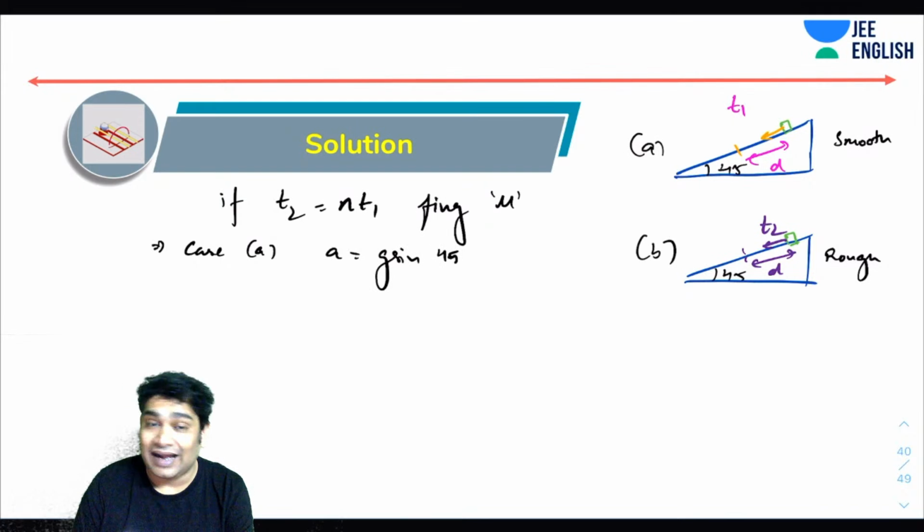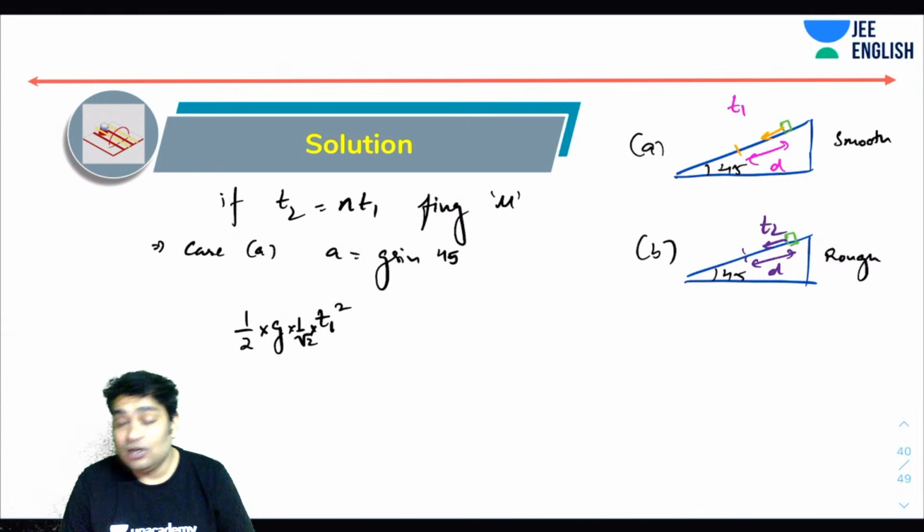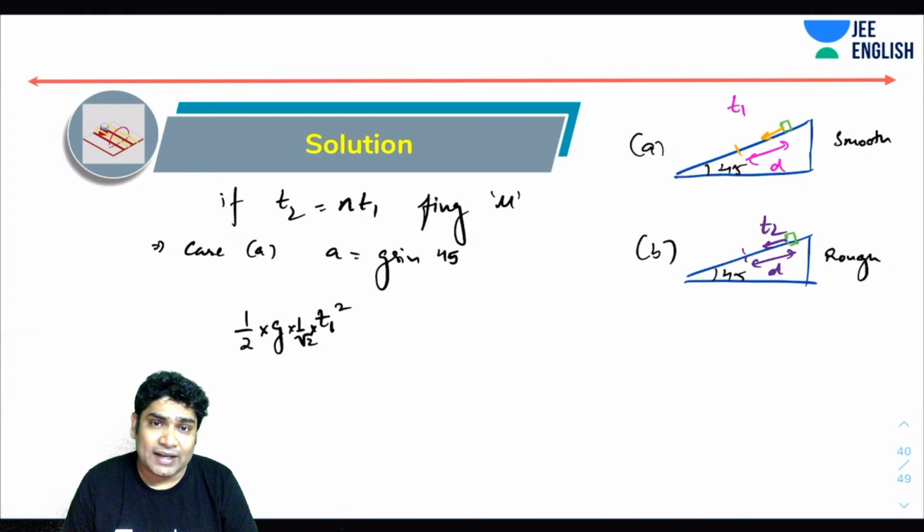So in traveling a distance d, in time t1, d equals half into g into 1 by root 2 into t1 square. That is g sine 45, the acceleration, right? All I'm doing is applying s equals ut plus half a t square. That would have been my first equation.